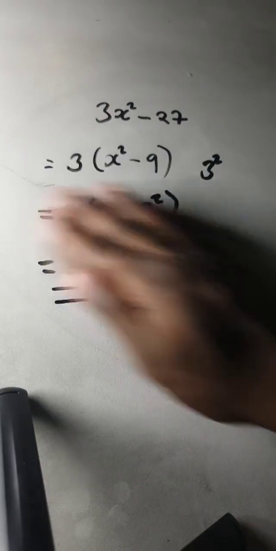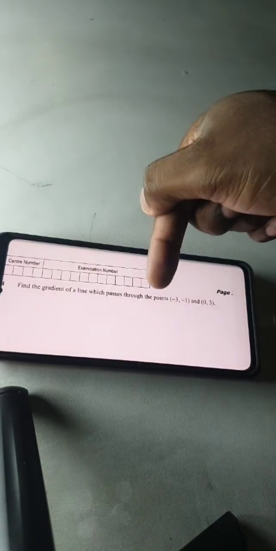Question number 4, my super awesome friends. It's saying find the gradient of a line which passes through the points. Okay, it's passing through which points? This point and that point.